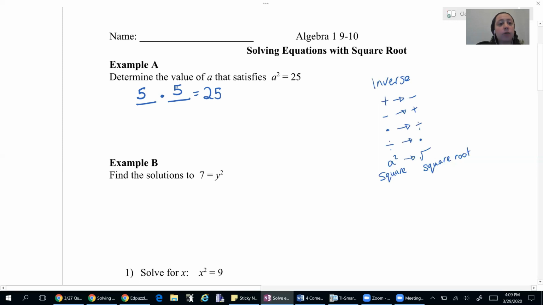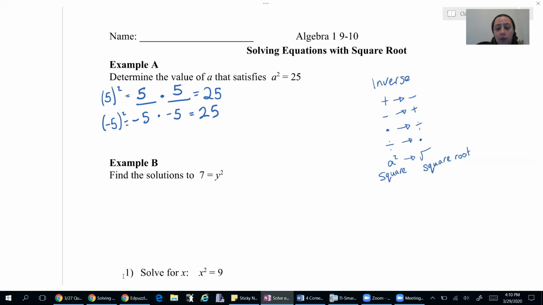Now also note that -5 times -5 equals positive 25. Negative multiplied by negative is a positive number. So -5 squared is 25 and 5 squared is 25. So there are two different answers for this equation.